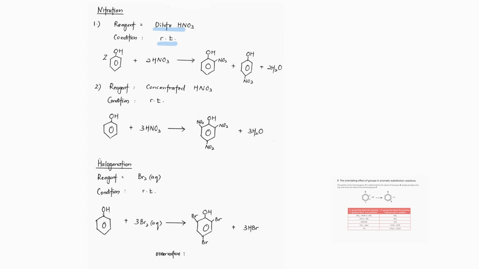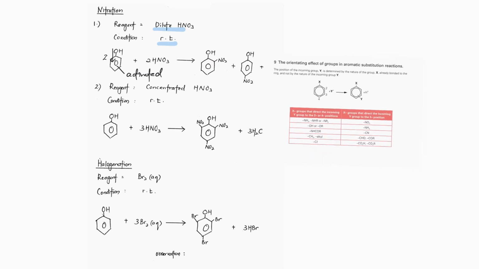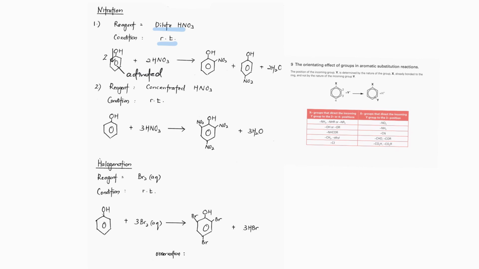This is because OH is an electron donating group, which will activate the ring. The substitution will occur at the second carbon and the fourth carbon. We can find this in the data booklet, where OH is in the table. If OH is the substituent, the substitution will occur at the second and the fourth carbon.